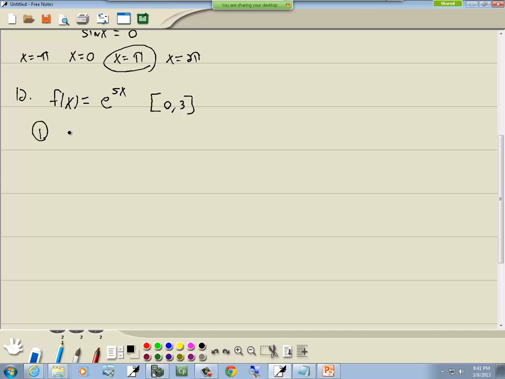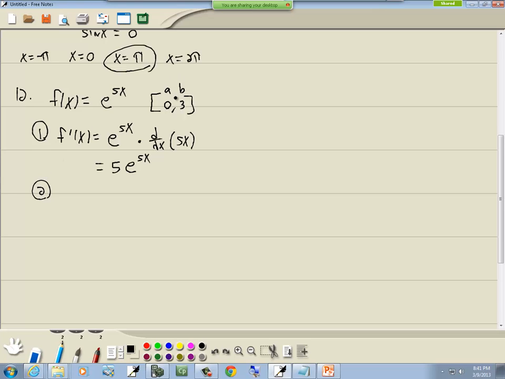First step, find our derivative. So for f prime, the derivative of e to a power is e to the power times the derivative of the power. That's a chain rule. The derivative of 5x is 5, so we get 5e to the 5x.